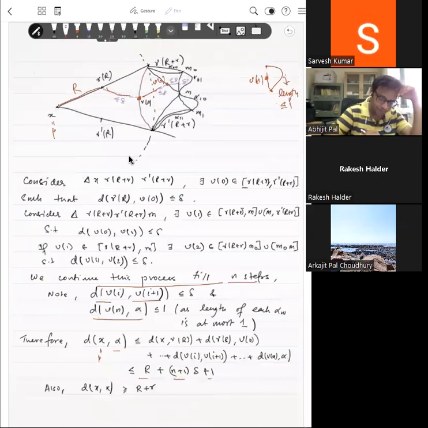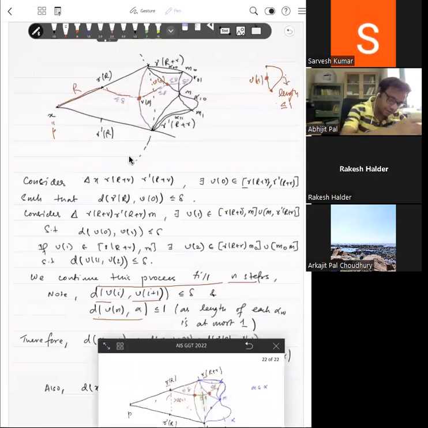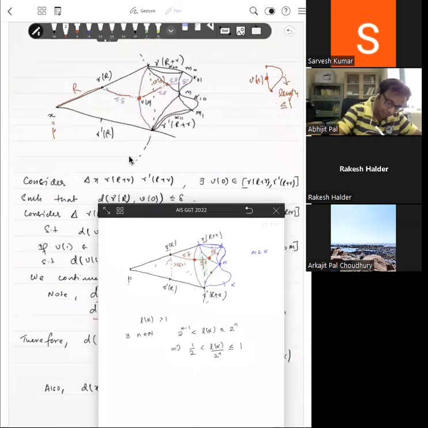Also note that this alpha lies outside the R radius ball around X, which I have called X there.